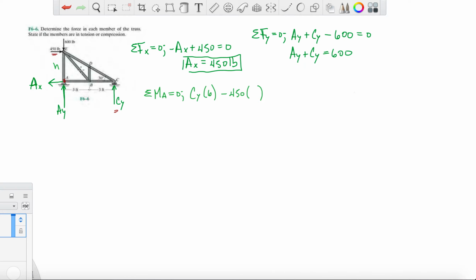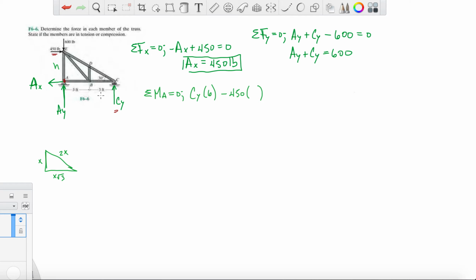There's a 30-60-90 triangle. So we know from geometry, a 30-60 angle is given to you like this. This would be x, and this would be 2x, I believe.